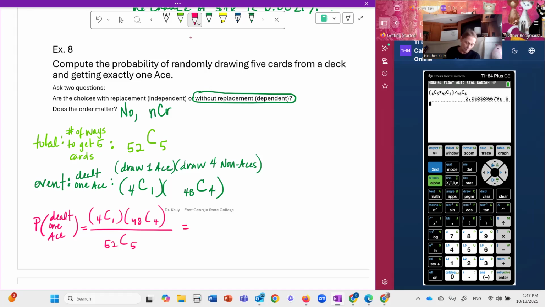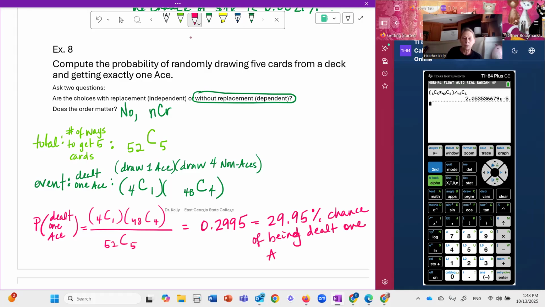And when we do all of that math, we get 0.2995, which is a 29.95% chance of being dealt 1 ace.